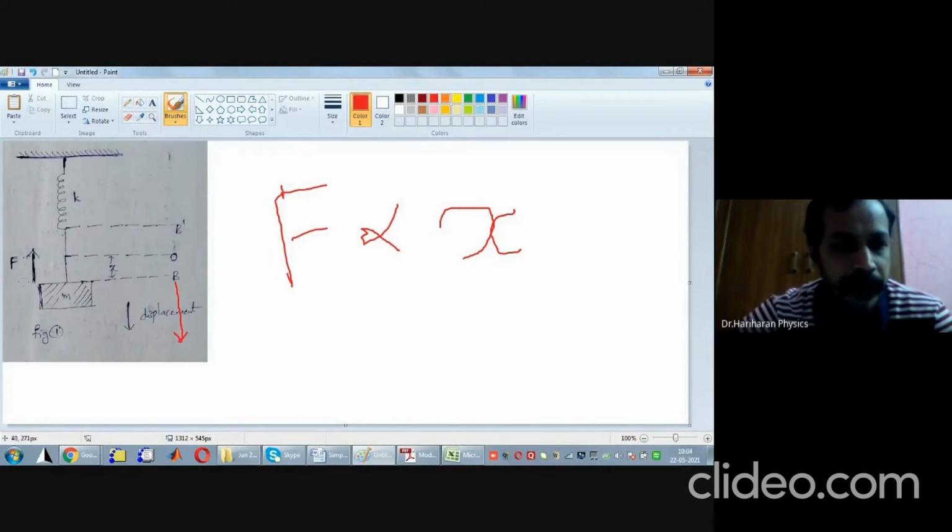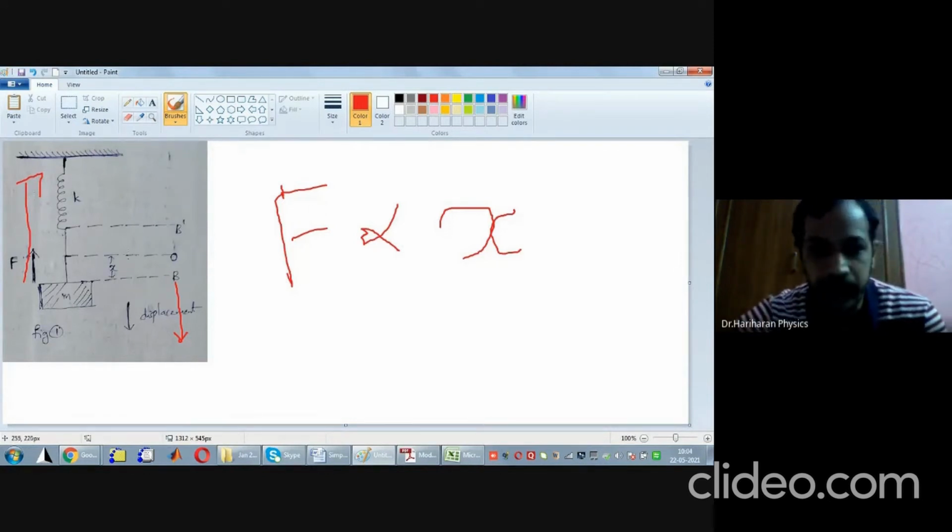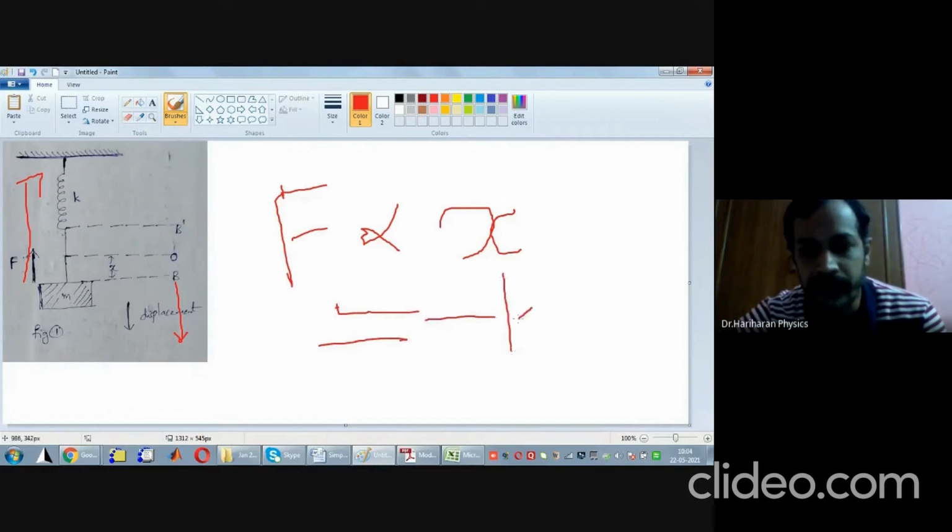Restoring force is acting in the upward direction, correct? If I pull it downwards, restoring force is acting in the upward direction, that is, in the direction opposite to the direction of displacement. Therefore, this can be written as F equals minus a constant K times x.